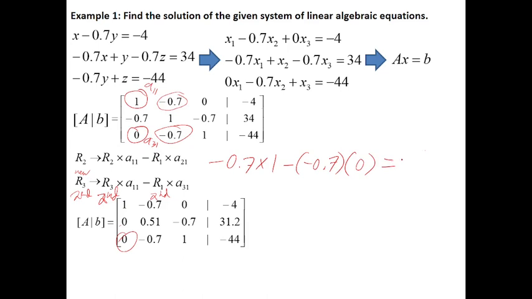What's the answer? Negative 0.7. Nakuha yan. Okay?